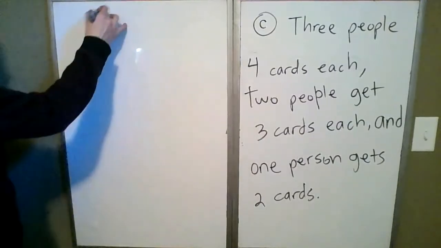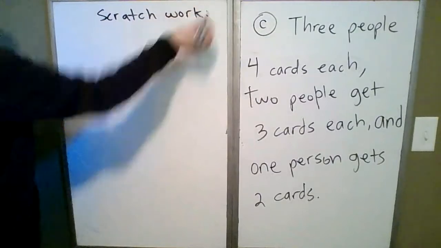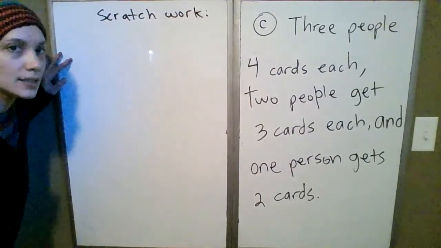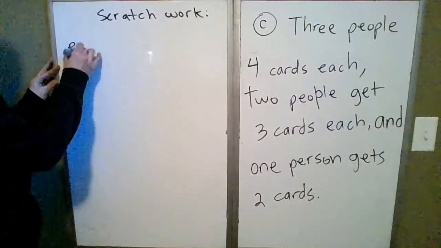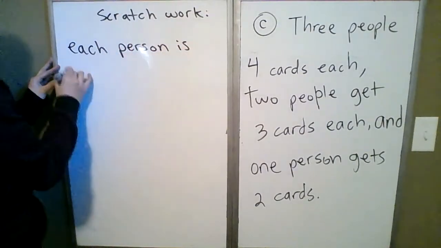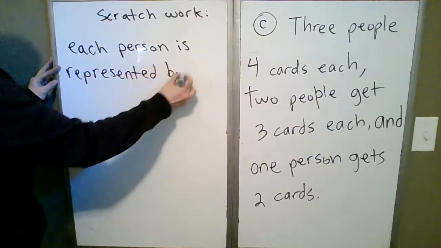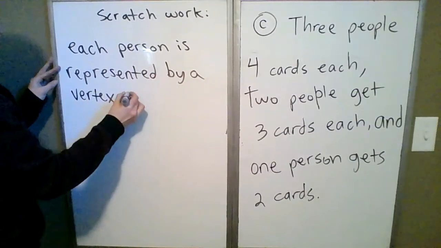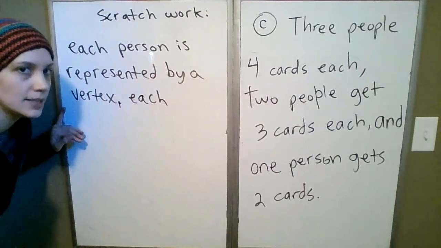Okay, let's start with some scratch work. And make it clear that every vertex, every person is represented by a vertex. Okay, each edge is a connection.